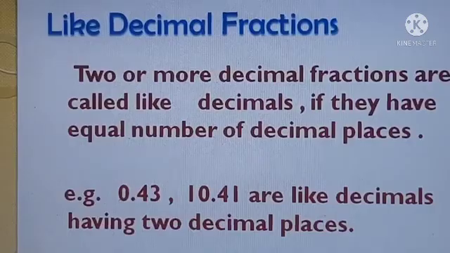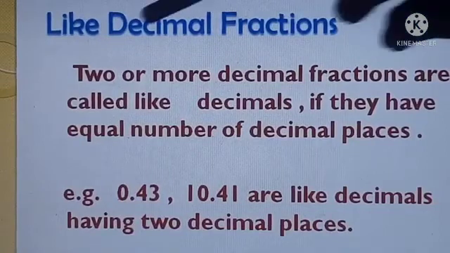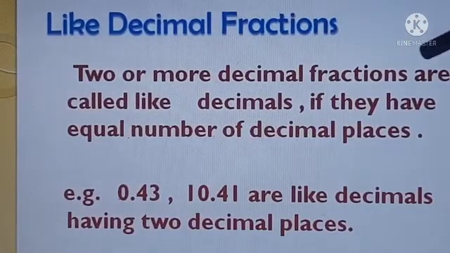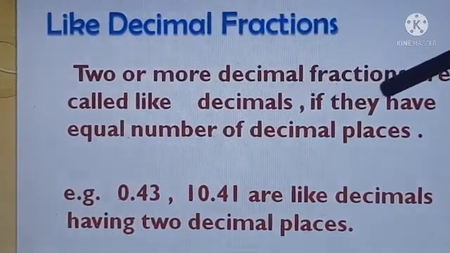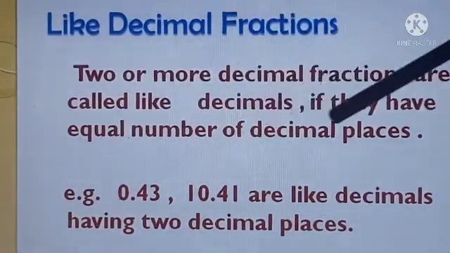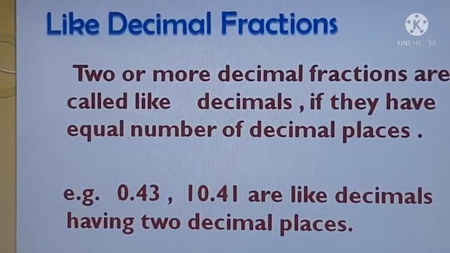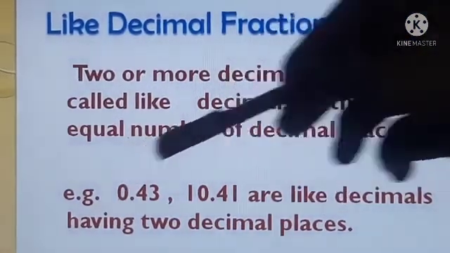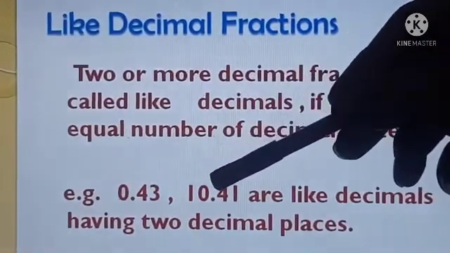Understood? Now, like decimal fractions: two or more decimal fractions are called like decimals or like decimal fractions if they have an equal number of decimal places. If the decimal numbers have an equal number of decimal places, then they are known as like decimal fractions. For example, 0.43 and 10.41.